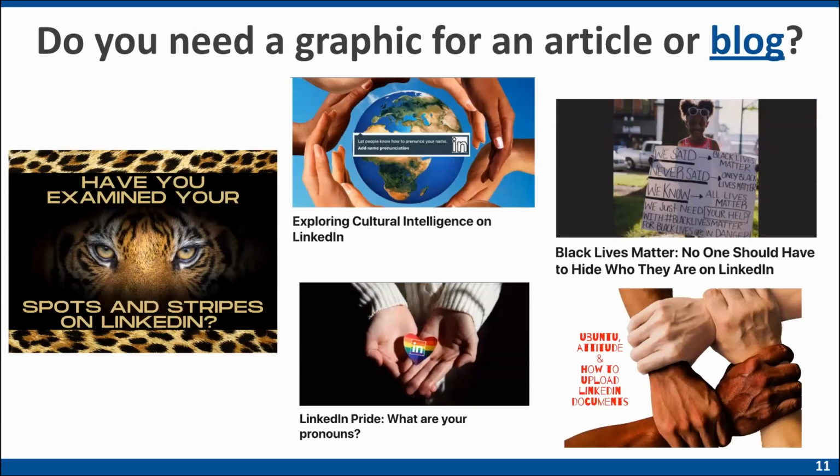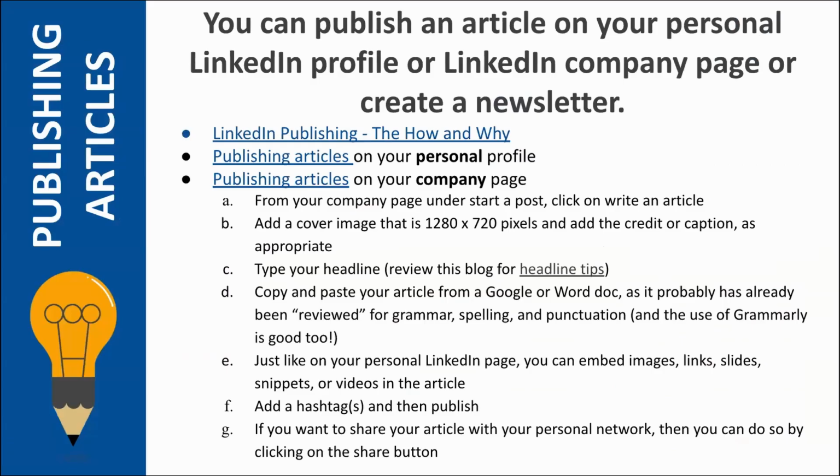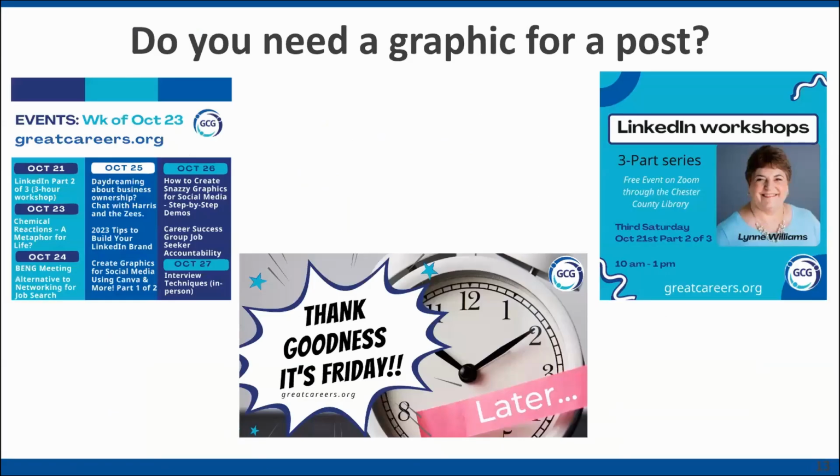If you need some sort of a graphic for an article or a blog, you can make that. I use Canva. You want to be active on LinkedIn, publishing and posting, as well as commenting. You might need a graphic for an event or a social media post.